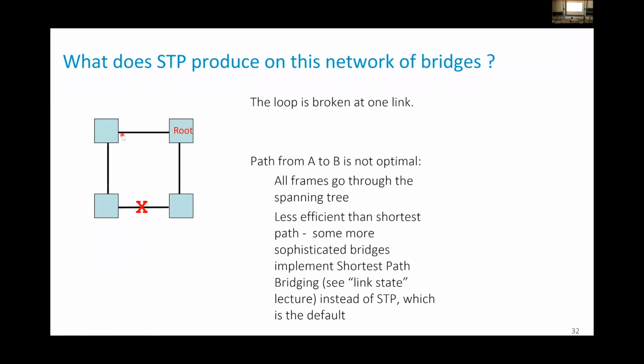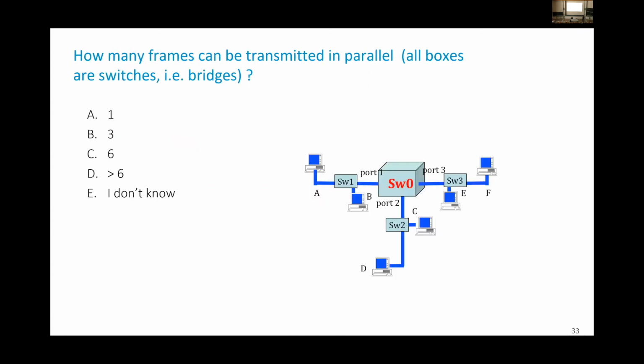And if this was the one that is picked, then this link will be disabled here. Which of course means if there's traffic from A to B, it will go along the long way of the ring. You break a ring to make it a line, effectively. That's an inefficiency of shortest path bridging, and this is not what routing will do.